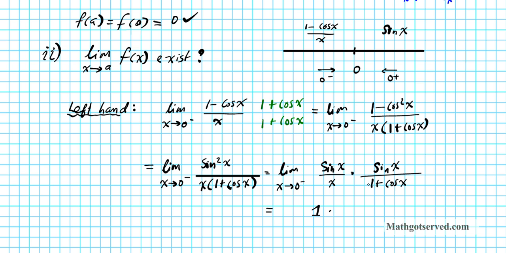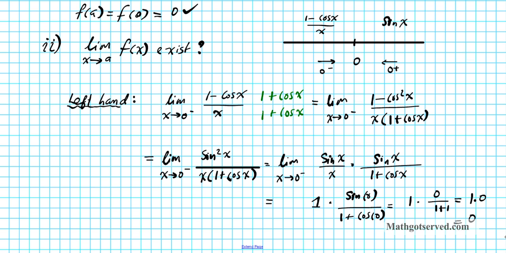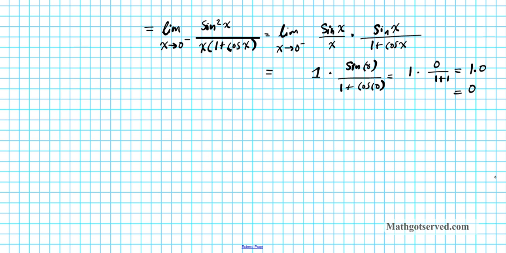And then this limit is going to be sine 0 over 1 plus cosine 0. We can just substitute here because we don't have any complications. So this is going to become 1 times sine 0, which is 0, over 1 plus 1, since cosine 0 is 1. So this is simply 1 times 0, which is equal to 0. Okay, so the left-hand limit of this function is 0 as x approaches 0.